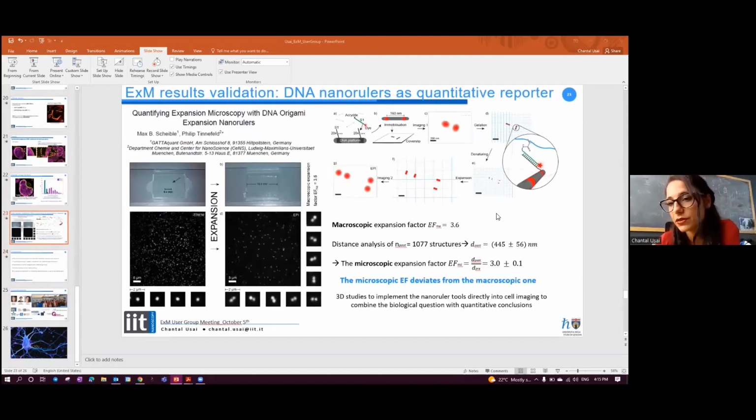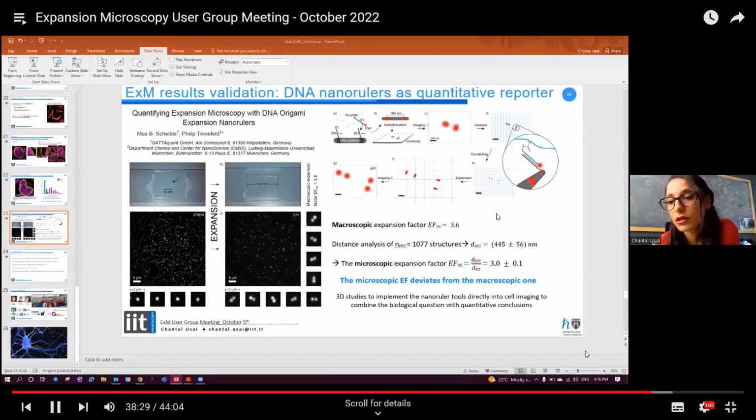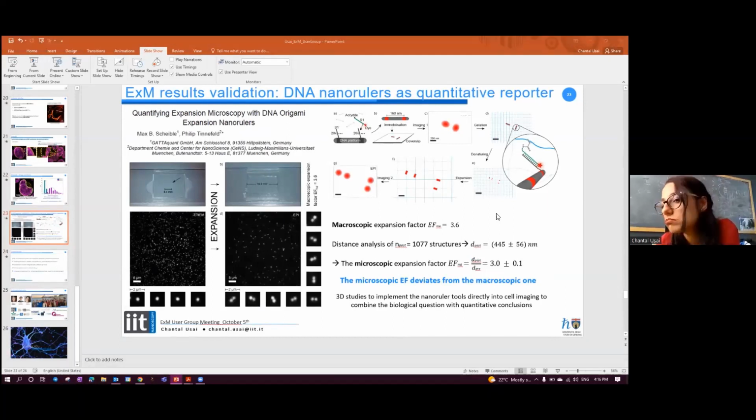Of all the secondary antibodies I work with, I found that the Alexa 488 is the best for expansion, at least for pre-expansion staining. Unfortunately, since I'm using GFP, I cannot use it. But then I tried others. For example, the Atto 647N has quite good retention for me.